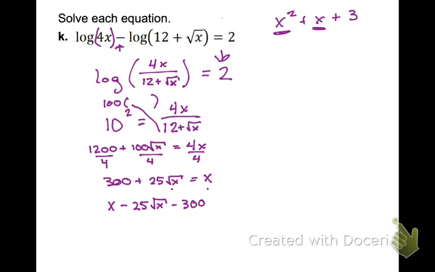So what I'm doing is I'm factoring it the same. I need the factors of 300 that have a difference of 25. So 300 would be 3 times 2 times 5 times 2 times 5, yes?